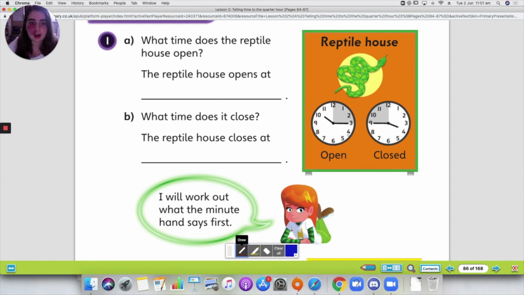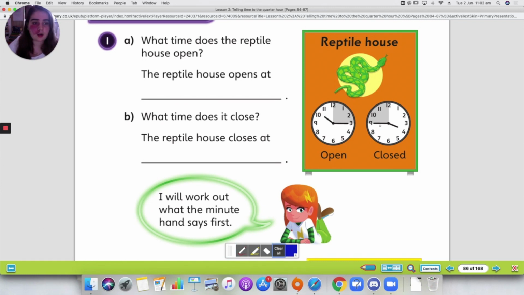So our reptile house opens at quarter past 10 because our minute hand is a quarter of the way around our clock at the 3 and our hour hand is a little bit past the 10. What time does the reptile house close?